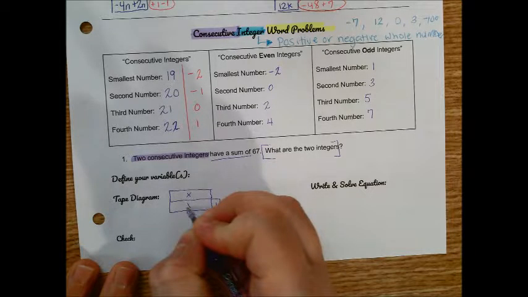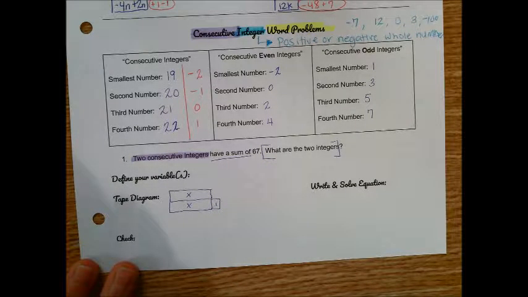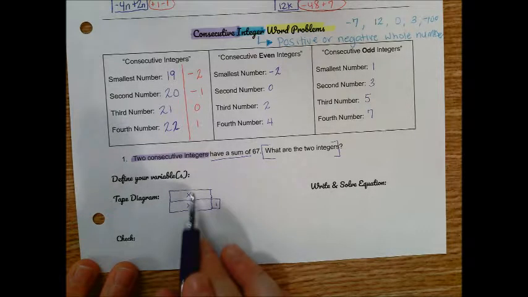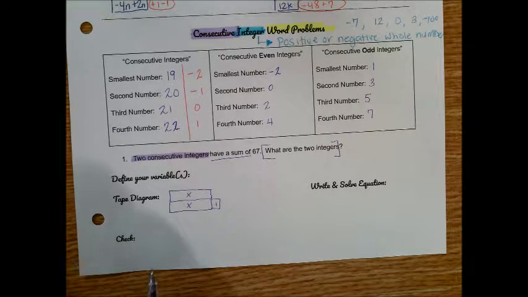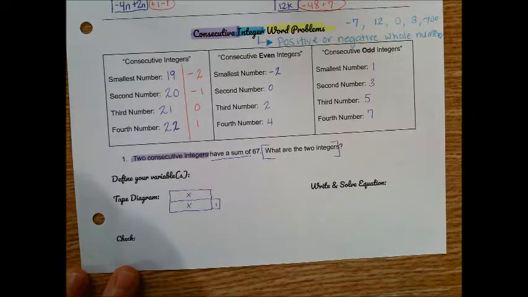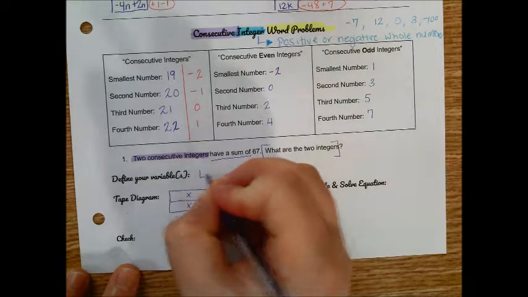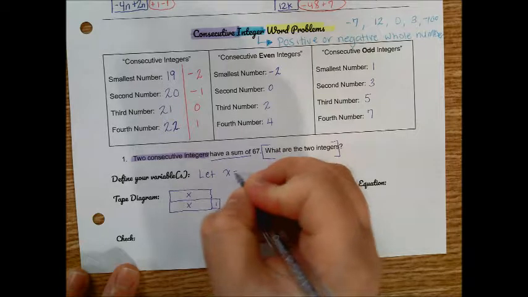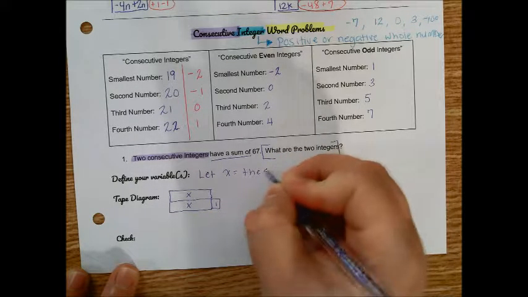That means our second integer is x plus 1. I'll use my tape diagram that I already drew as a guide to defining my variables. So x, this is my smaller number, and x plus 1 is my bigger number, but I'm only using one variable. So I'll say let x equal the smaller integer.